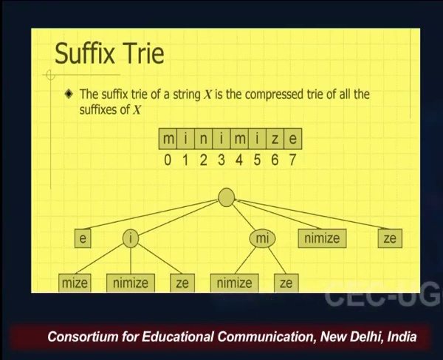Then the last branch in this suffix trie goes to ZE, and the second last branch goes to NIMIZE. Again, you name a suffix or pick out a suffix, and you will find that suffix in this compressed trie. So this compressed trie is the suffix trie of a string X, a trie of all the suffixes of X.